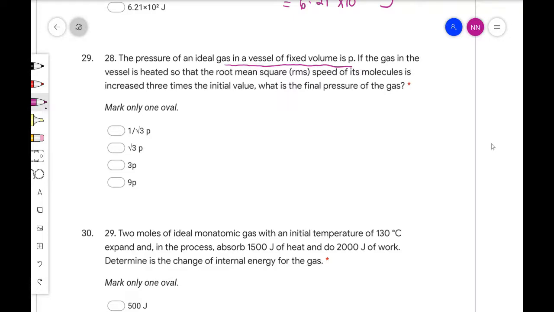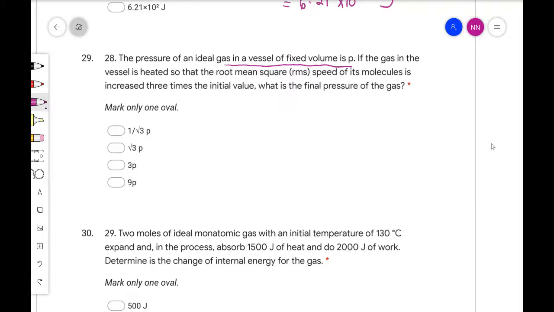Okay, so the formula for V rms is V rms equals surd 3 pressure over rho. Okay, so we want to find P. So let P be the subject.